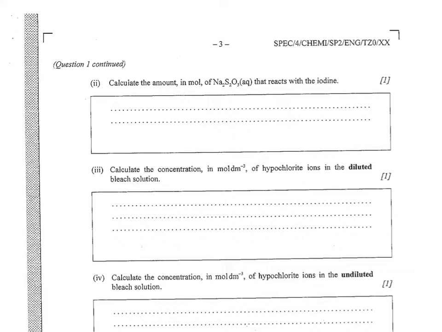Then, continuing with the same question on the next page, calculate the amount in moles of sodium thiosulfate that reacts with the iodine. Well, remember we had 0.100 molar strength used, and we know that we're using a total of 0.02210 liters if we convert our milliliters to liters.